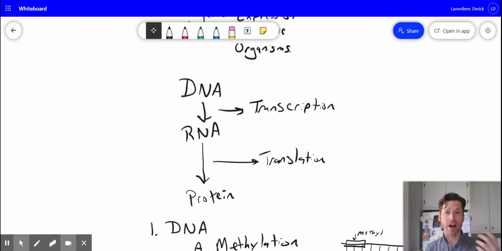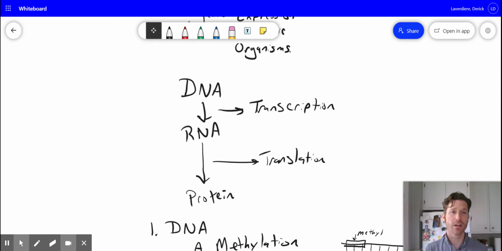For instance, our eyeball cells do not need to be making the proteins that are responsible for the functions of the heart. So even though our eyeball cells have all of the DNA that we possess in our entire genome, you only want the genes that are related to the function of that cell to be turned on. And these regulation mechanisms are how we go about doing that.